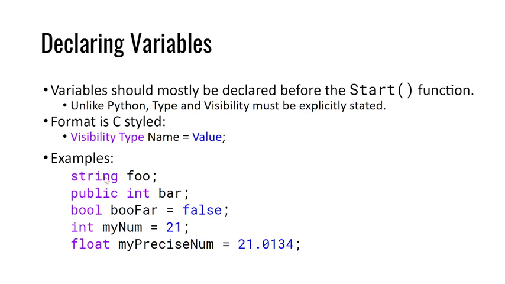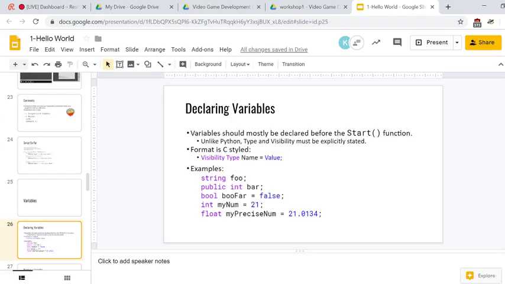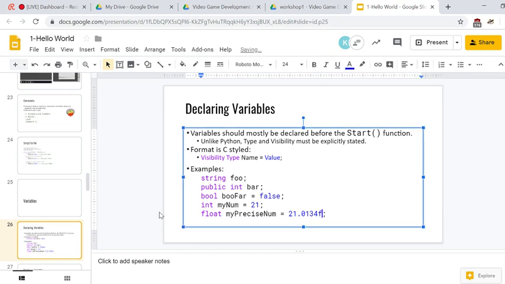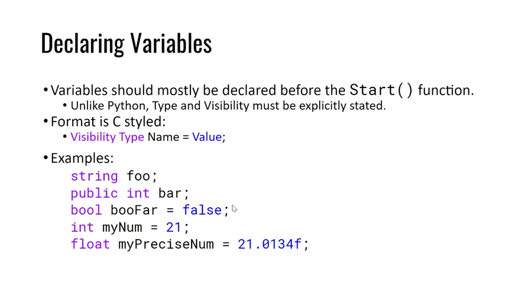You can't say string foo equals 3, because 3 isn't a string, unless you put in quotation marks. Same thing with int for integers, floats for floating point numbers, bool for true and false. Unlike Python, true and false are in lowercase. I don't know why they capitalize it in Python, and I don't like it.